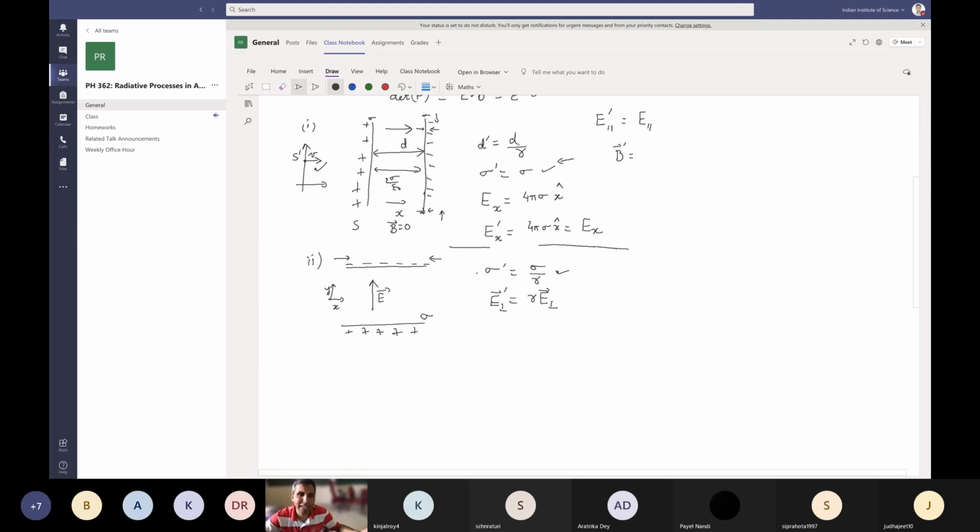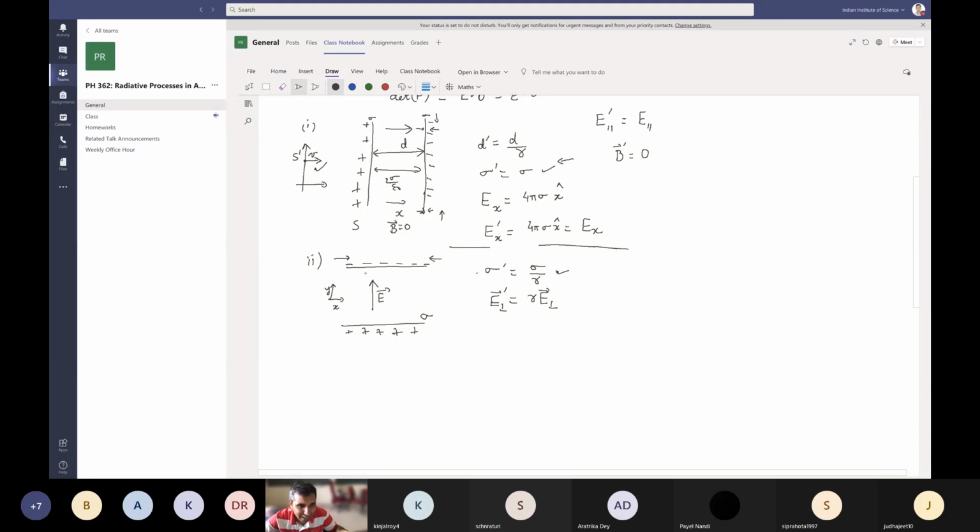In this case, the charges just get closer. There is just contraction of charges. There is no motion of charges. So B prime is actually 0. E parallel prime is E parallel, and B in the lab frame is 0. What about B prime here?